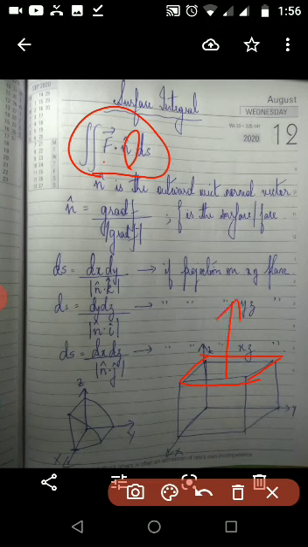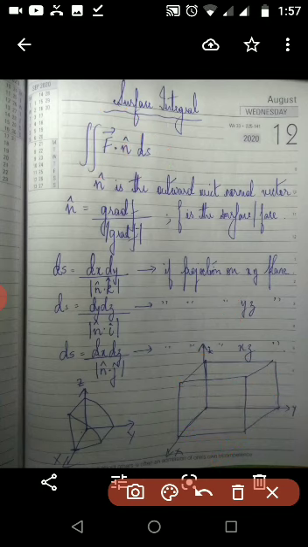So any face that I take, even this face, I will take a vector pointing outside the surface. If I take the bottom surface, I'll look at the vector pointing outside the surface, and it has to be a normal vector. A normal vector, you know, is a vector which is perpendicular to the surface at that particular point. Alright, so as I take this, what will happen?